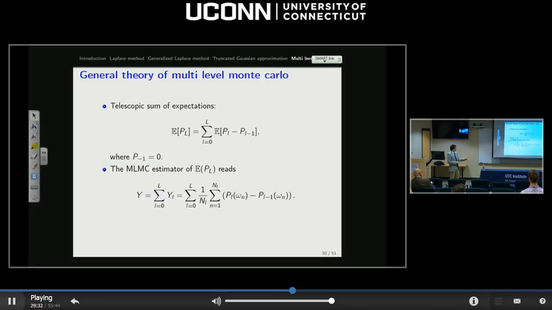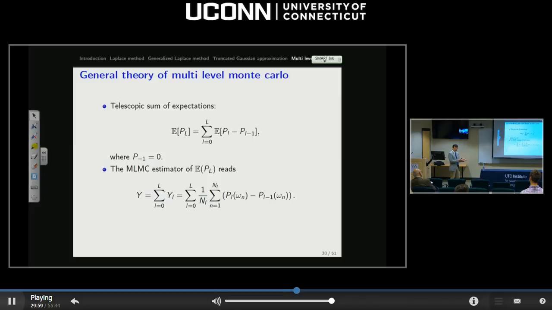And when L is very big, it becomes very expensive to sample and compute the forward problem. However, the difference will become zero when the level becomes high, because your forward model converges. So you don't need lots of samples for the expensive models. That's the main idea.